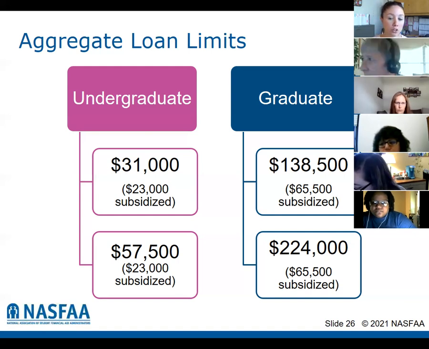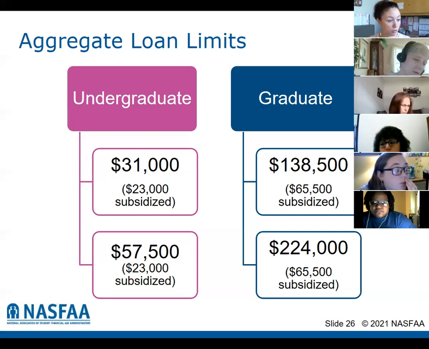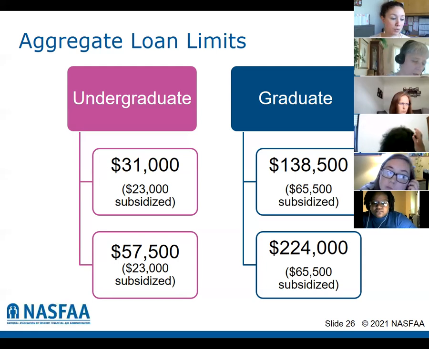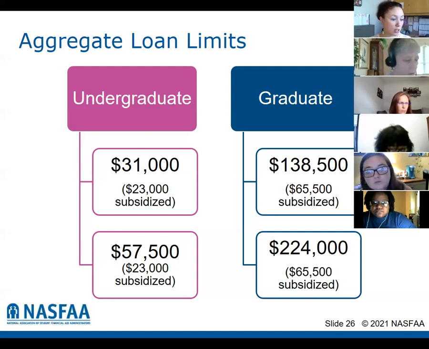There are definitely features in our systems that help us prevent over awarding when it comes to lifetime aggregate limits. The FAFSA information is going to come in and tell us how much Stafford loan that student has already taken.